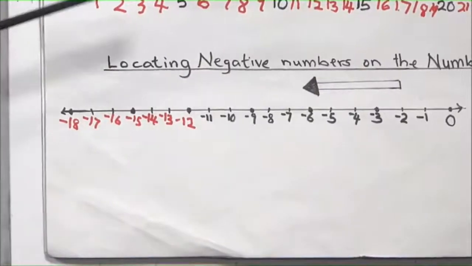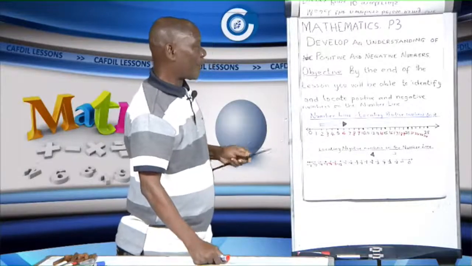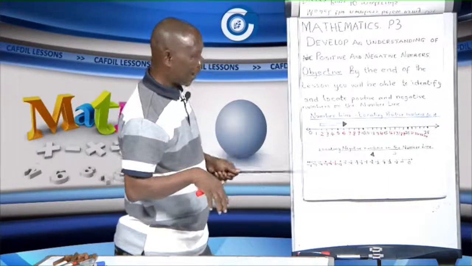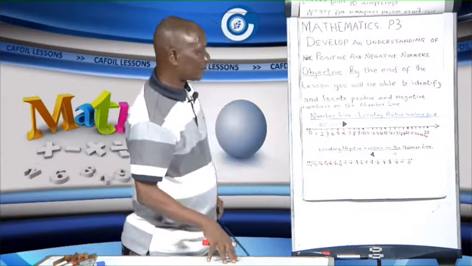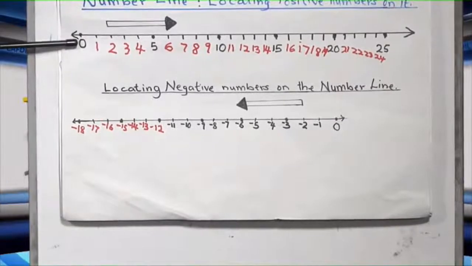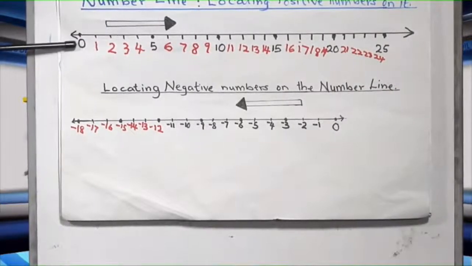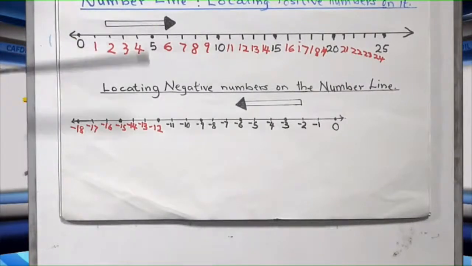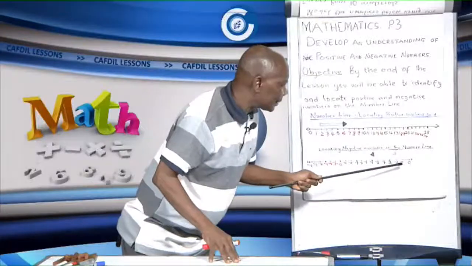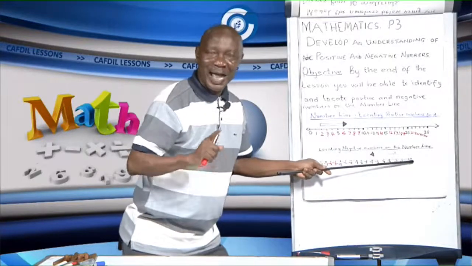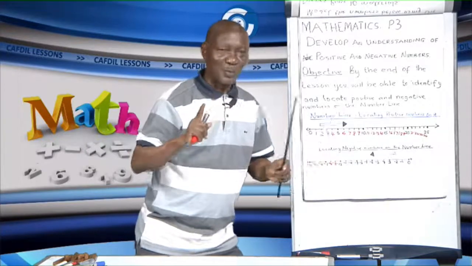Let us look at the 2 number lines. The one on which we have only the positive values, and the one that we have only negative. You see that in all we have 0 as the starting point, for positive numbers and for negative numbers.